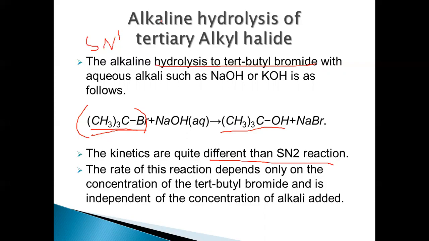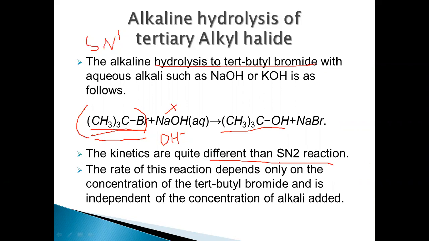And if the concentration of this alkali is changed, the rate is not changed, which means that the rate of the reaction is dependent only on the concentration of this alkyl halide and is independent of the concentration of this alkali.